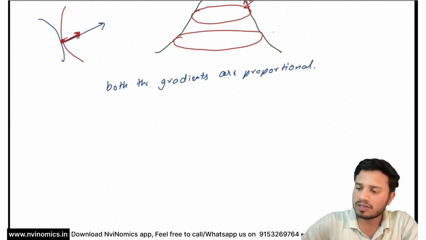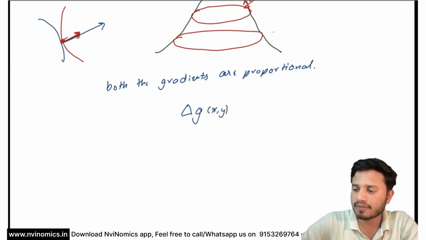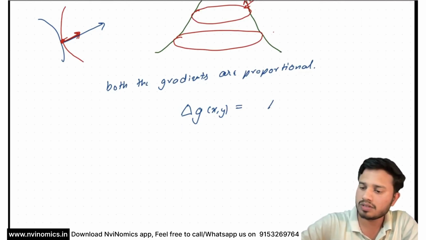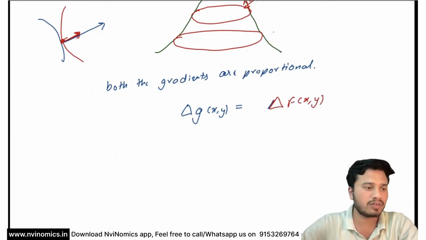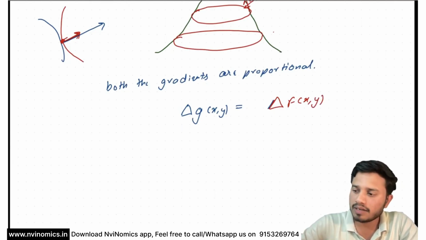So the gradient of our constraint, suppose g(x,y), is equal to the gradient of our function, with some proportionality constant in between.